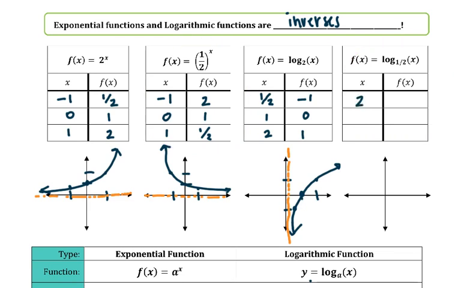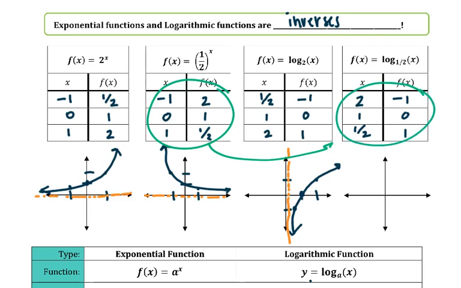So I have 2, 1, 1/2, -1, 0, 1. So I took these original exponential x and y values and I switched x and y, interchanged my x's and y's to get this set of inverse points.